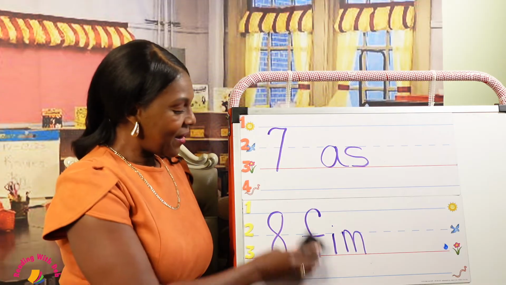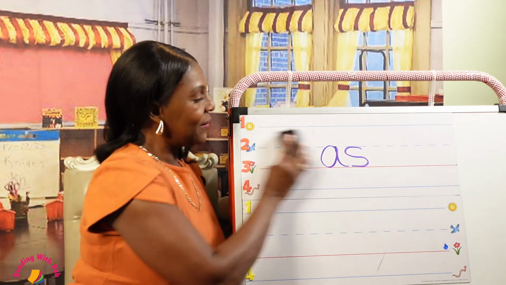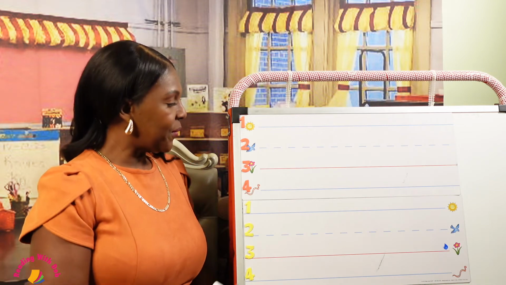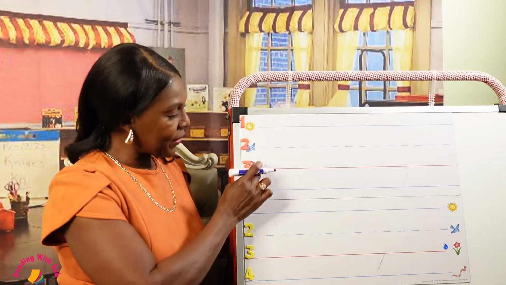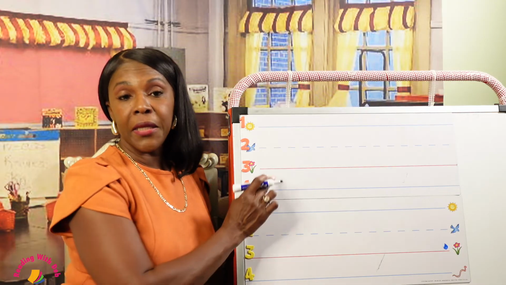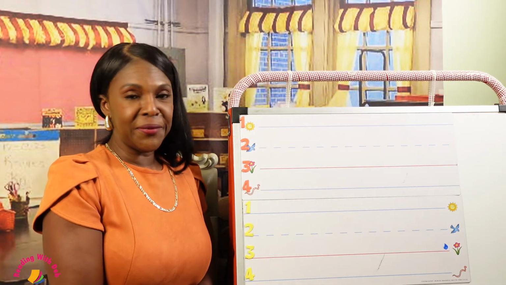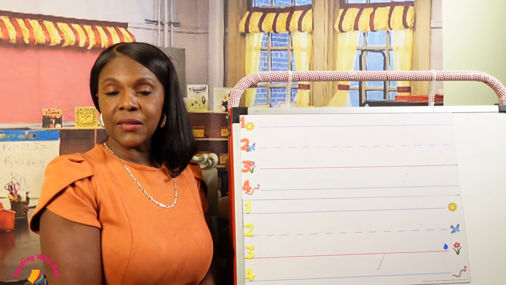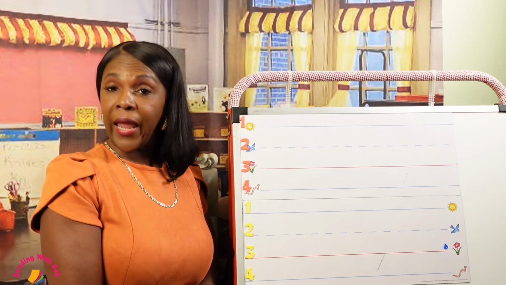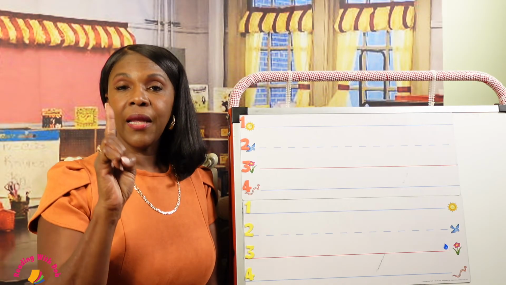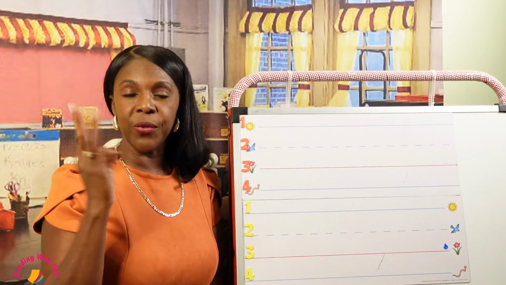Okay. Now, numbers 9 and 10. I'm not going to write the number because I need as much space as I can to fit the sentence on the line. Now, the sentence is, I am Sam. How many words? I am Sam. That's 3 words.